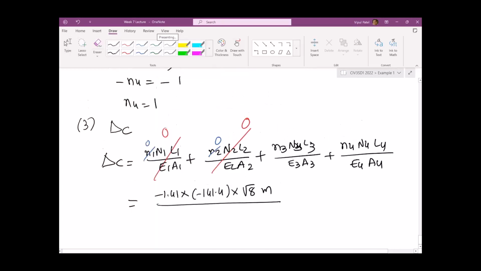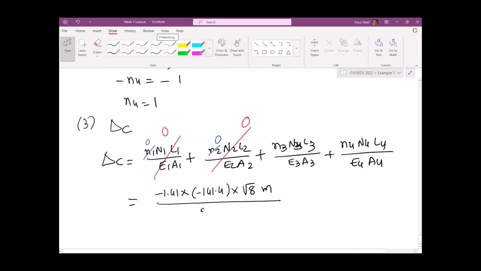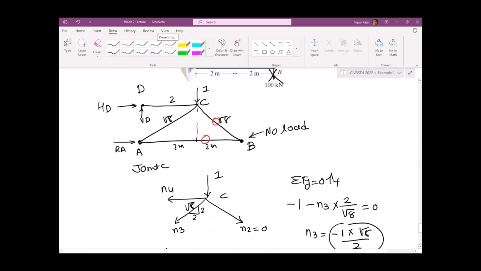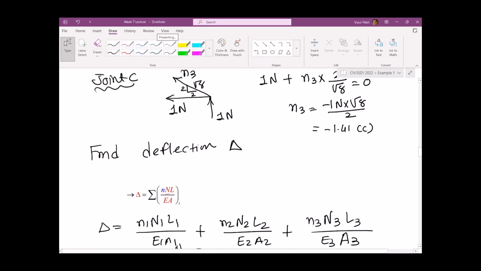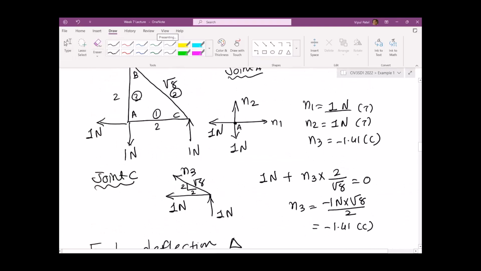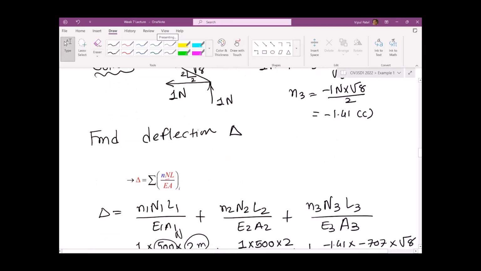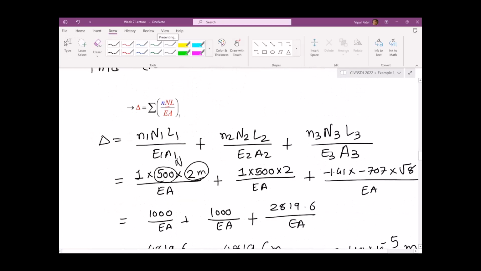So we got 80,000 kilonewtons plus N4. N4 we got, N3. Oh, we got so far.